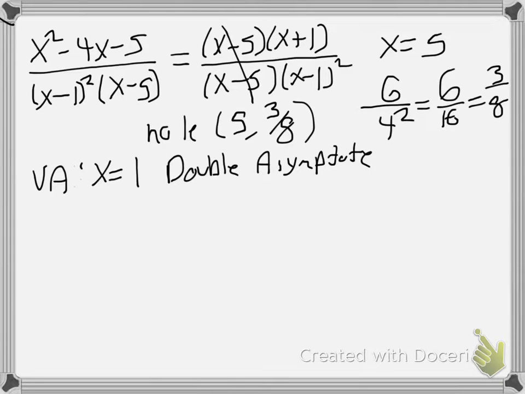And that really doesn't mean a whole lot. It would help you if you knew what it meant as far as graphing goes. You really don't have to worry about it that much. Okay. Your horizontal asymptote. Well, the degree of the top is less than the degree of the bottom, so it's got to be y equals 0.